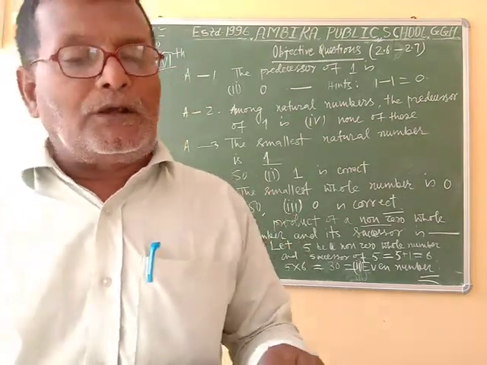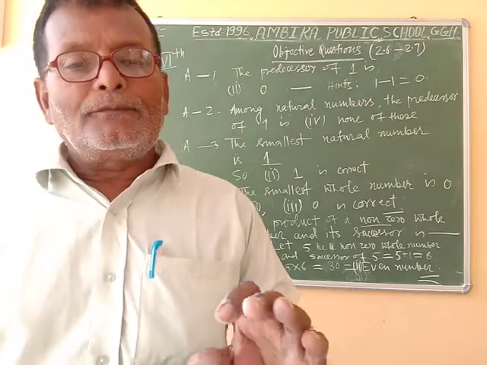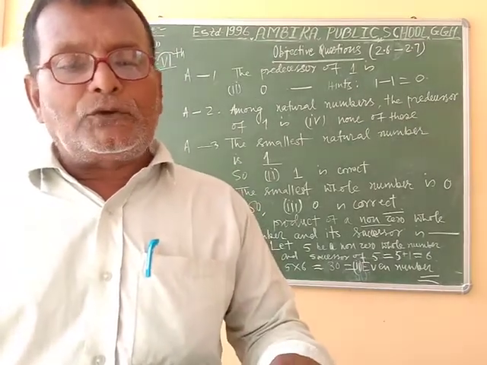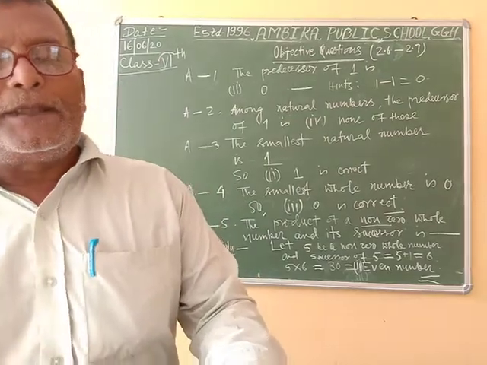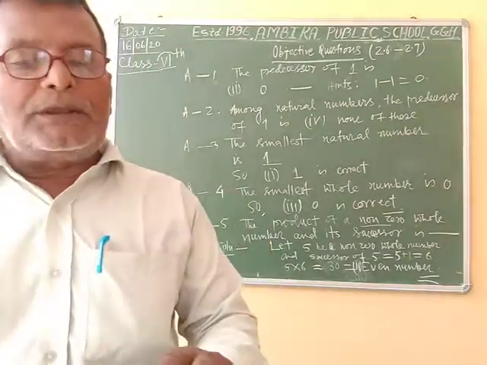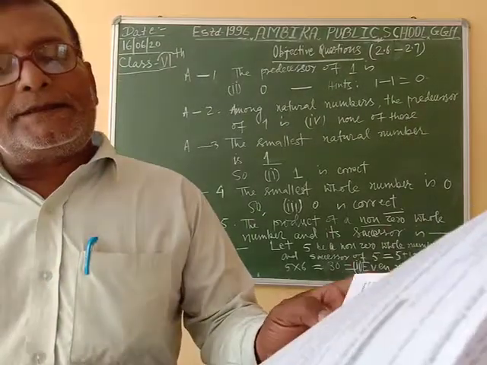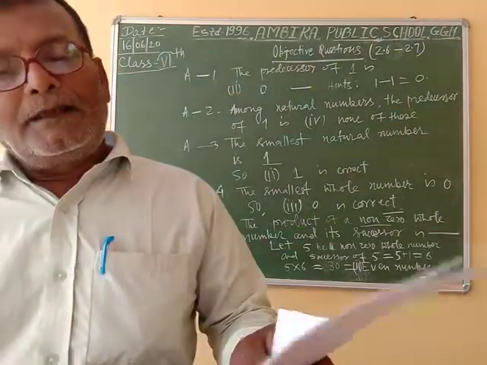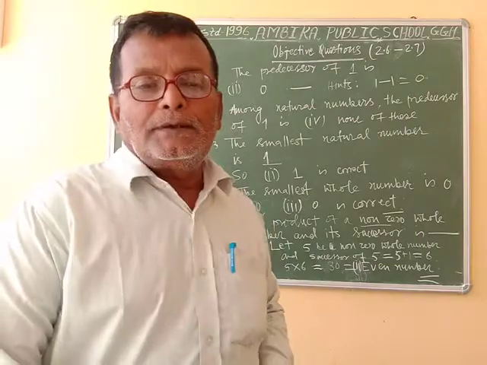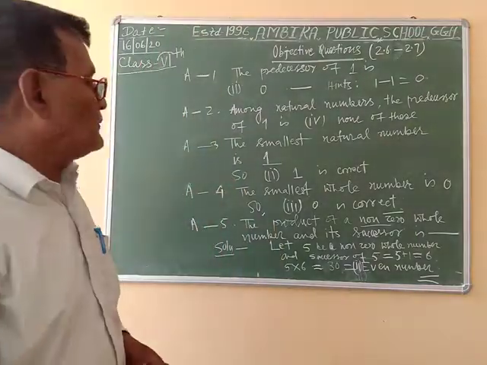You can solve all questions of this exercise. You will try to solve, and after that in the next class we will start exercise 2.2, in which properties of whole numbers.